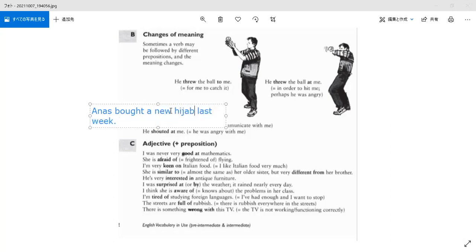But if you omit the "new", Anas bought a hijab last week, it wouldn't affect the sentence.